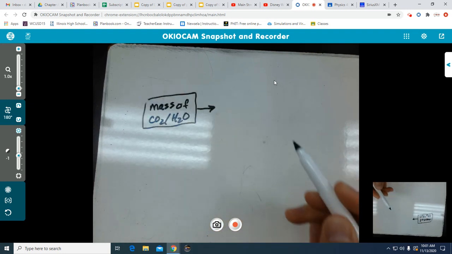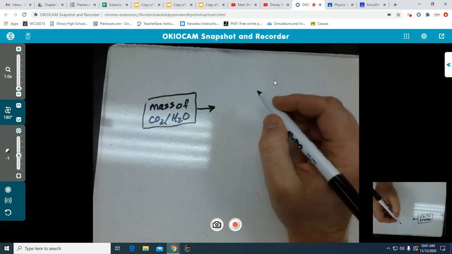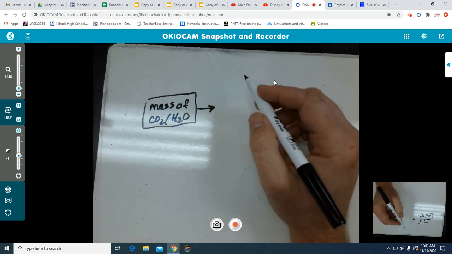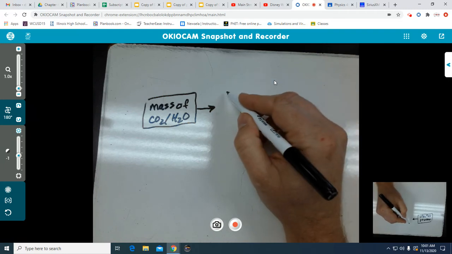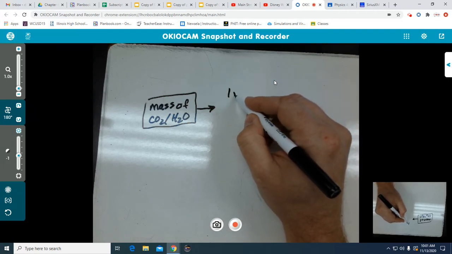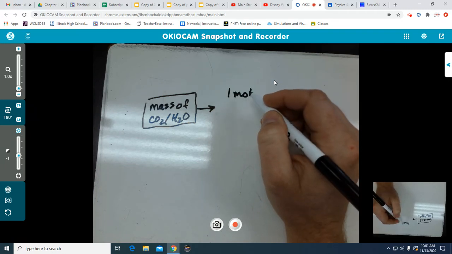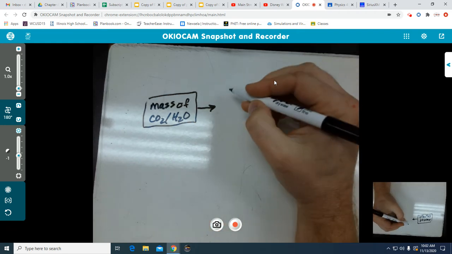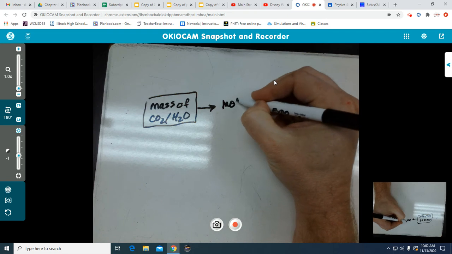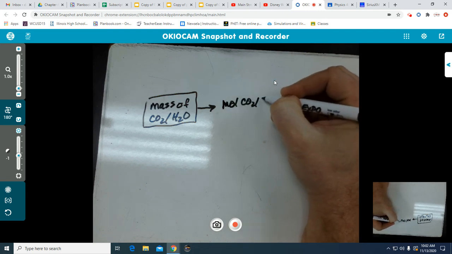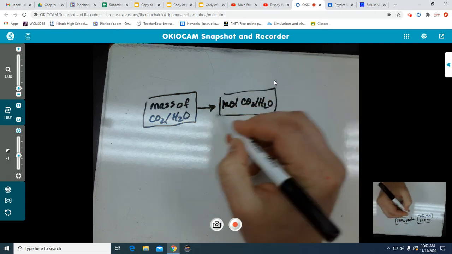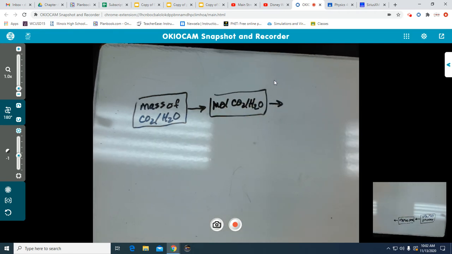We then need to use the molar mass of CO2 or H2O. So 1 mole of, actually, I'm going to erase this. Sorry, erase. We need to get to moles of CO2 and H2O. And I'm going to come back also to include how we do this.